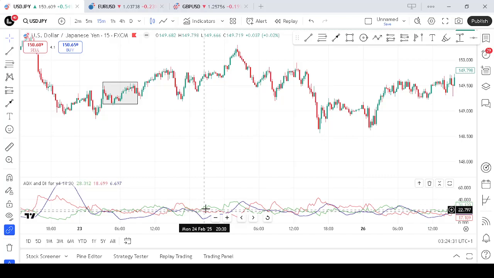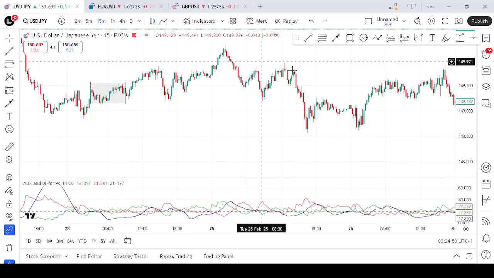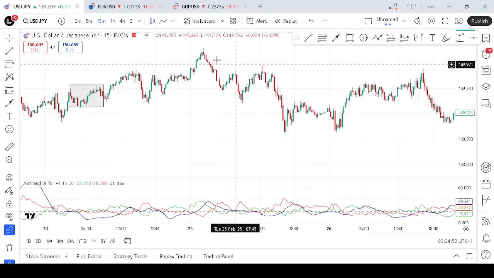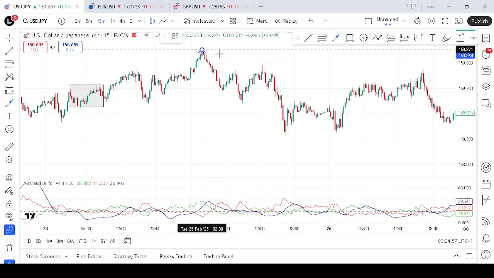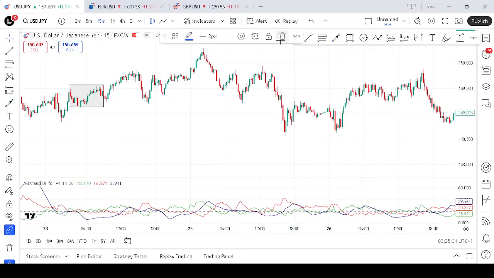At this area, we can see the negative DI line crossed above and is trending above the positive DI line. This red line is above the positive DI line, which shows that we are expecting a decrease in price. And what happened on the chart was price traded to the downside at this particular area.